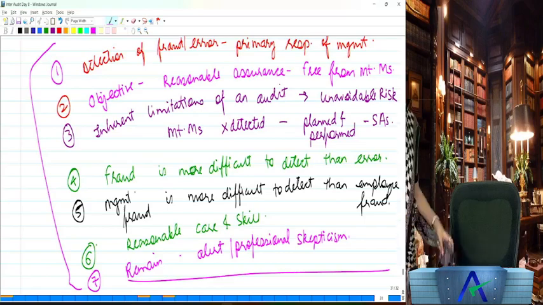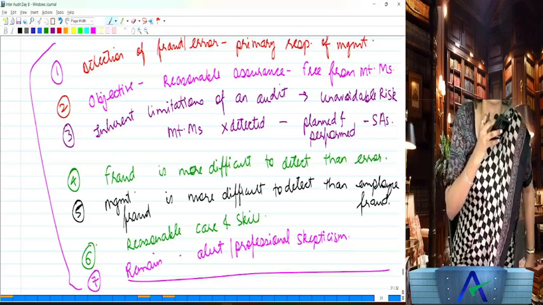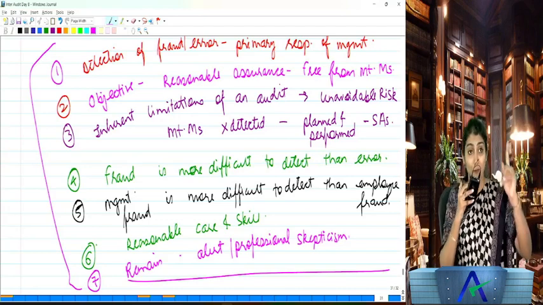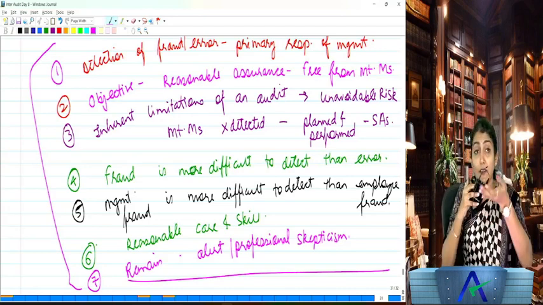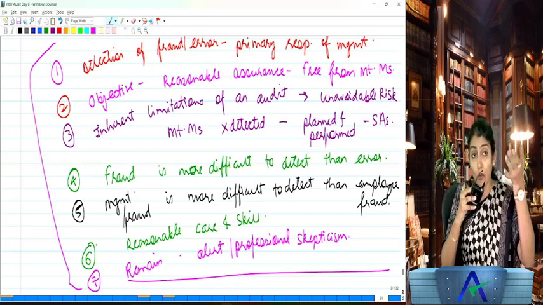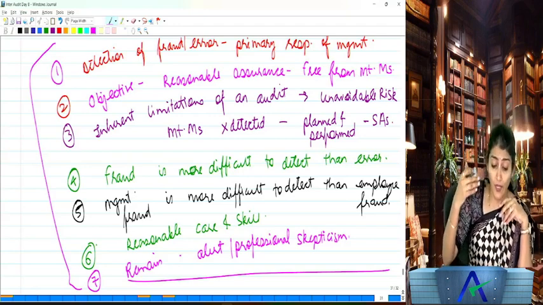A culture of honesty and ethical behavior, which we had studied in the control environment. CRISM's first point, you remember, appropriate foundation, control consciousness, sets the tone in the organization. So that is the responsibility of the management.